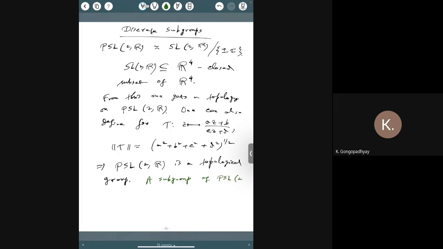Okay. Now a subgroup of PSL2R is called discrete, a subgroup, say gamma, if the induced topology on gamma is discrete topology.